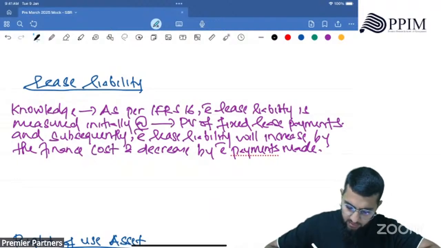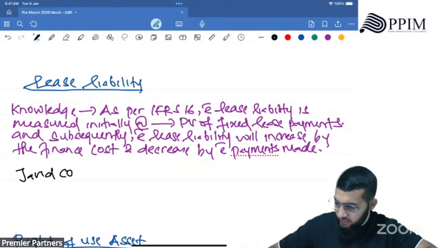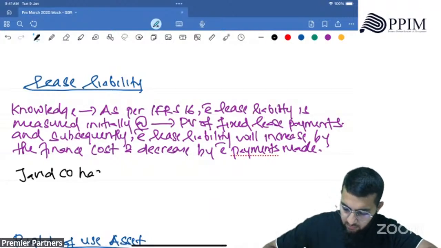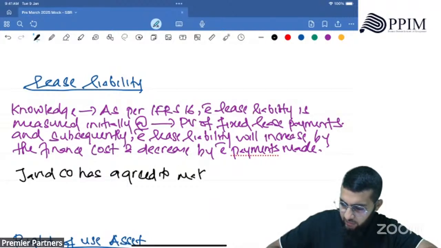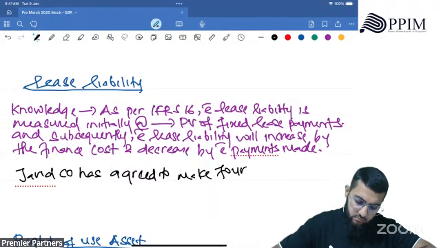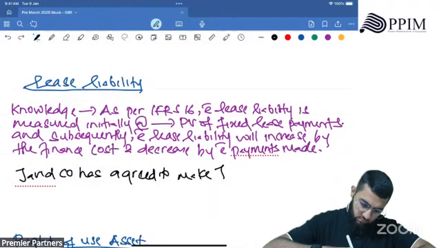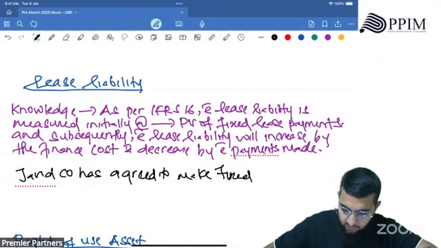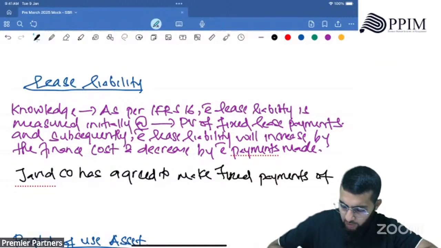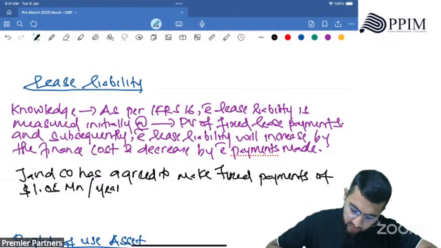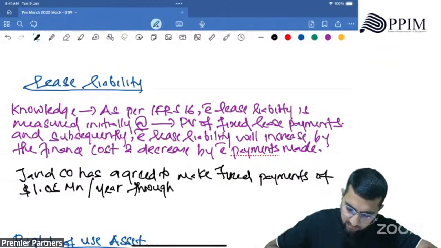Jaritco has agreed to make fixed payments of 1.05 per year throughout the lease period.